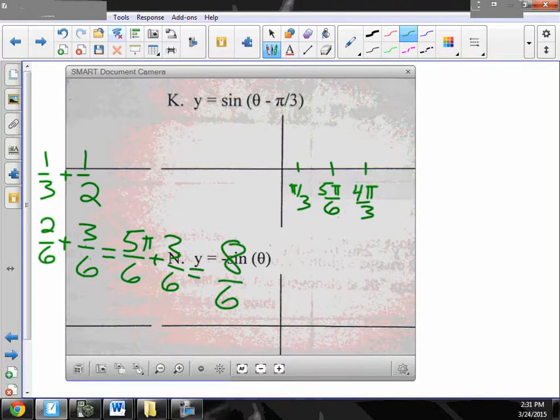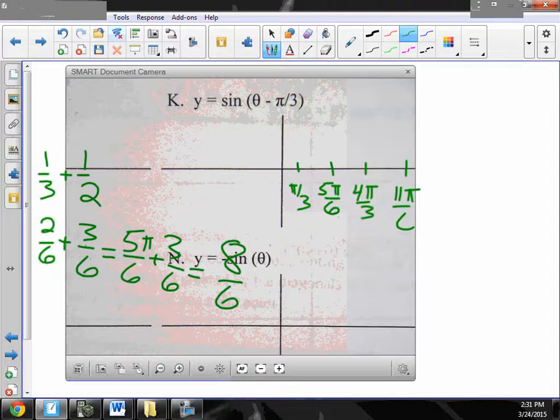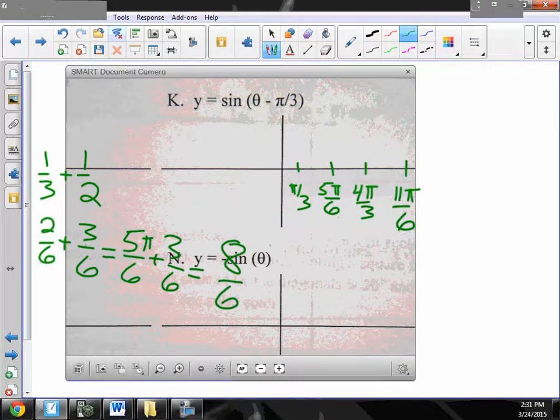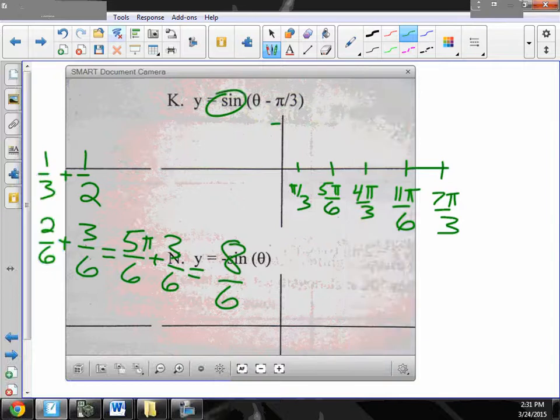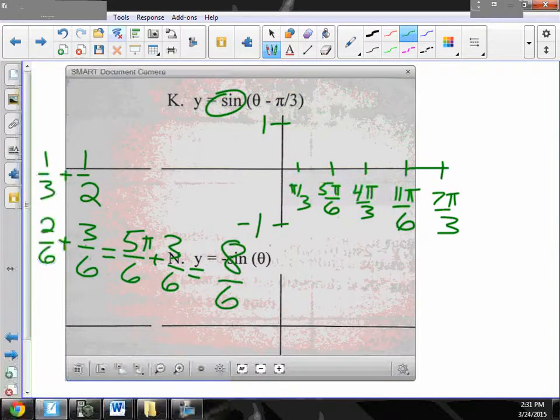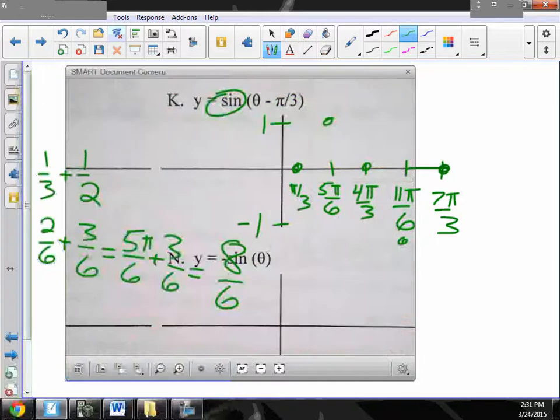Add 3/6 to 8/6. 11 pi over 6, doesn't simplify. The next point is going to be 14 pi over 6, also known as 7 pi over 3. And this is a sine graph bounded by 1 and -1. Middle, top, middle, bottom, middle.